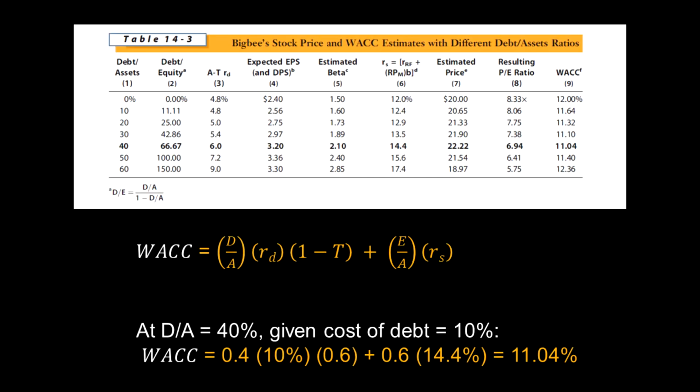So we have here the table 14-3, Big B's stock price and WACC estimates with different debt to assets ratios. So in the first column, we have the debt to assets.